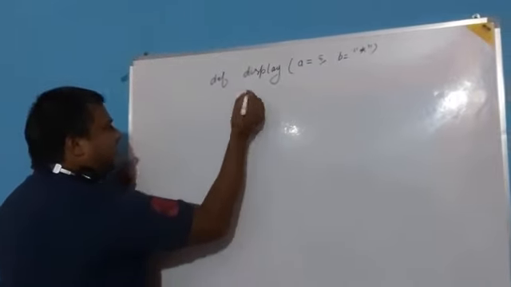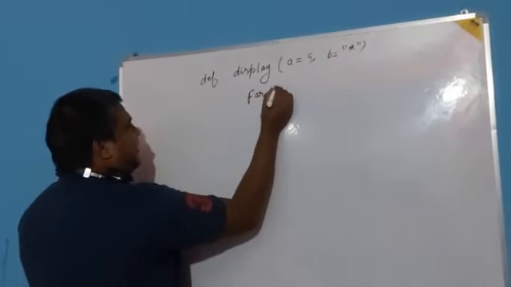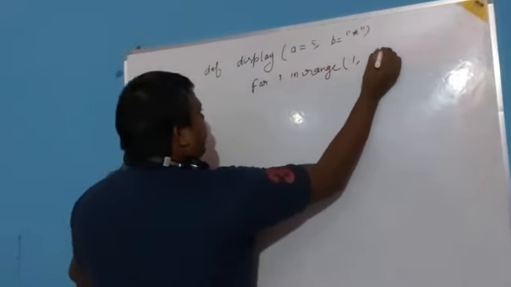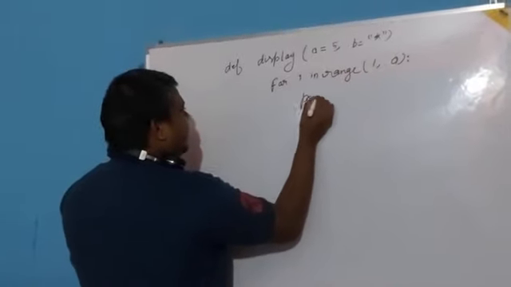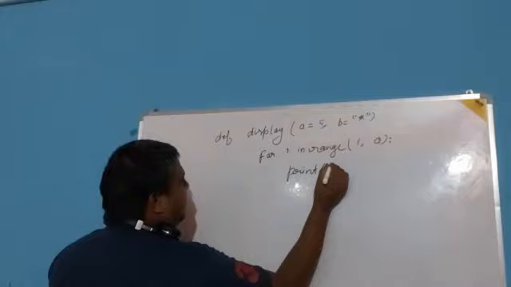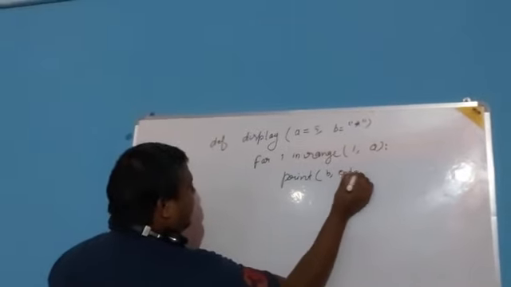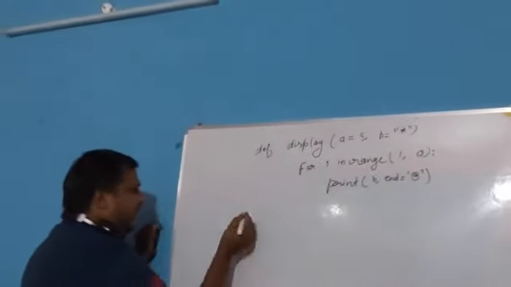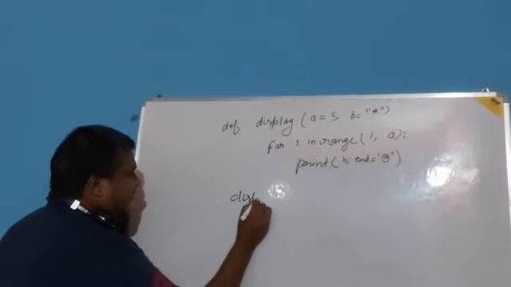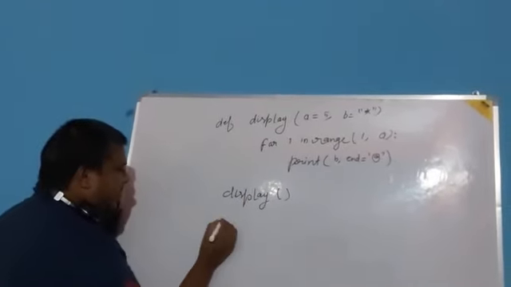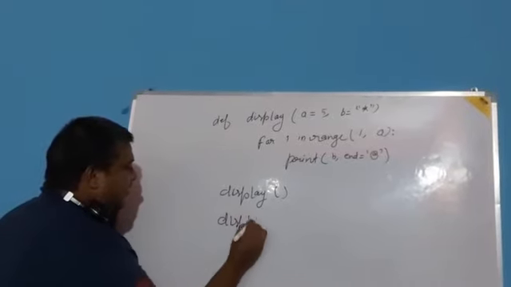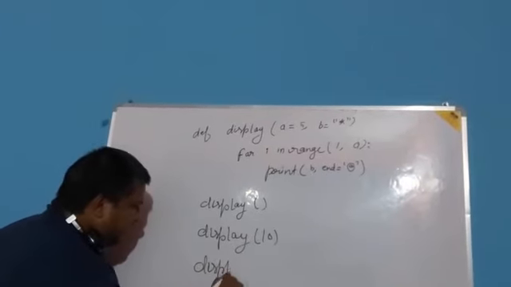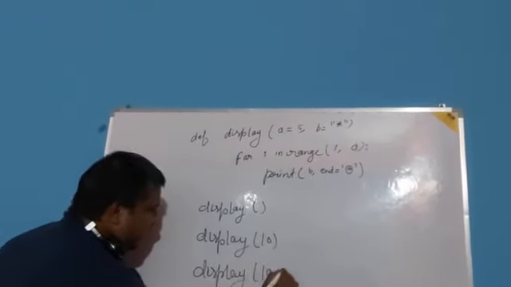And here we have written for i in range 1 to a, and we have written here print b, comma, end is equal to at the rate, and the function is over. Now it is given here display with nothing, and here display it is given 10, and here it is given display 10, comma, hash.